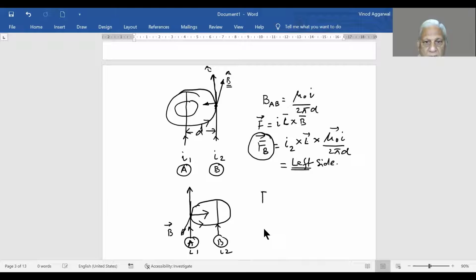So the force on A is towards the right side, and quantity-wise it will be the same. So what does it mean? This conductor is being pulled here, and this conductor is being pulled here. So they attract each other.